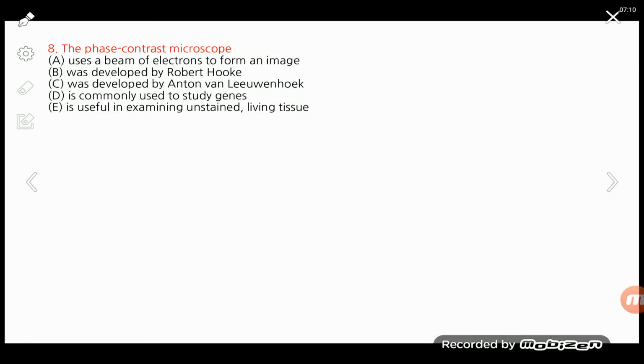The phase contrast microscope. Let us see which of the answers is related to the phase contrast microscope. Uses a beam of electrons to form an image. This is not true. The electron microscope uses a beam of electrons to form an image.